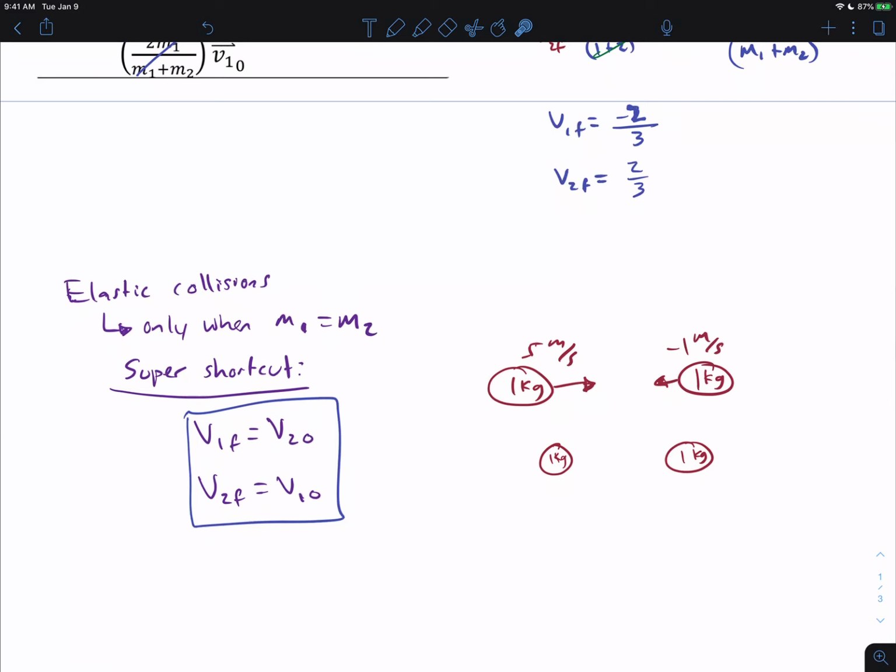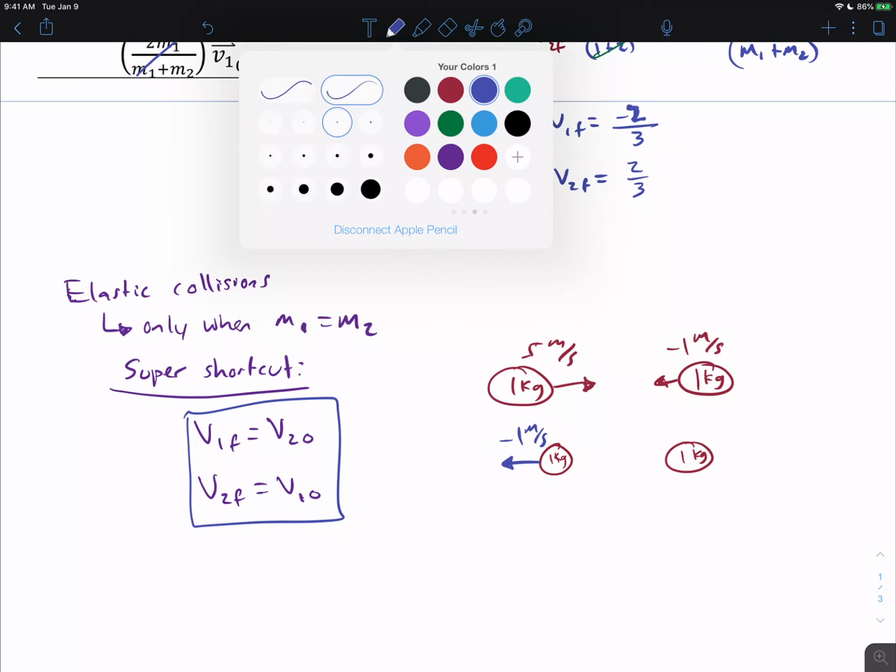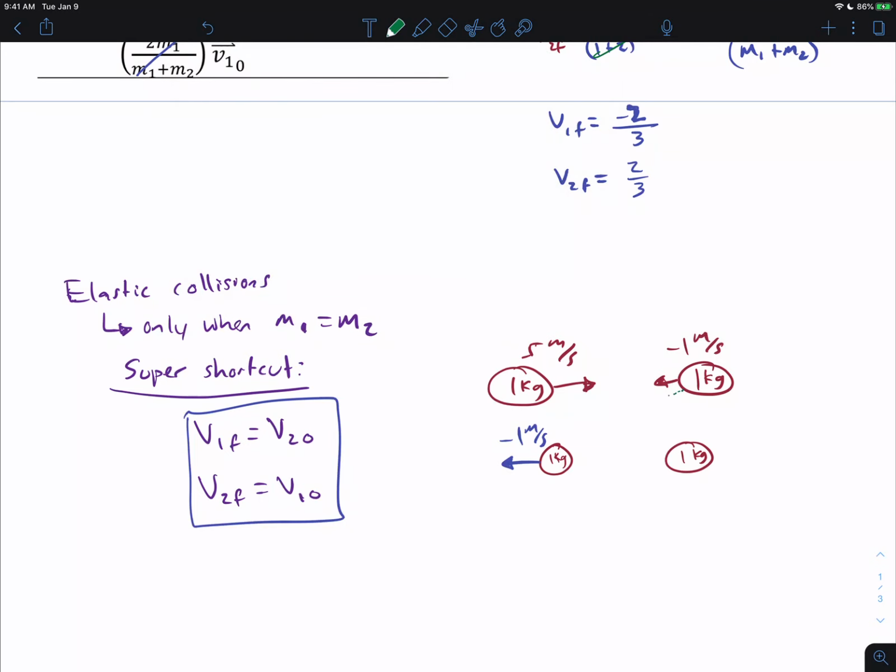Let's say I have two of these objects and they're the same mass, moving towards each other. This one has a velocity of 5 meters per second. This one has a velocity of negative 1 meter per second. What happens to them afterwards is number one will move at negative 1 meter per second, because that is what this guy was doing.